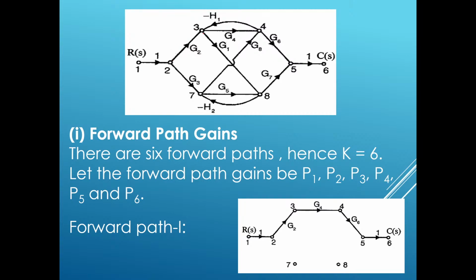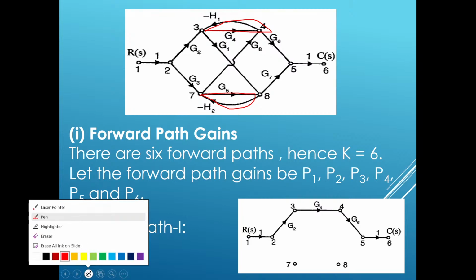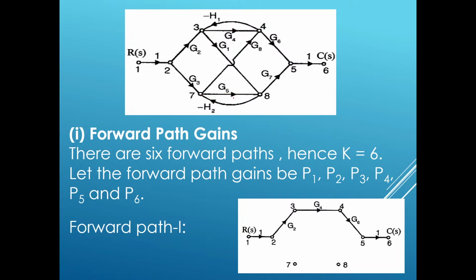So I have to determine how many loops are there. If you observe here, 3 to 4, 4 to 3 is a loop. 7 to 8, 8 to 7 is a loop. Okay, I have got two loops. What else do I have? From 2 to 3, 3 to 4, 4 to 5, 5 to 8 is not there, so it is not a loop.